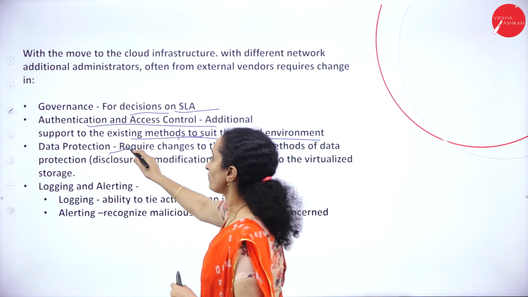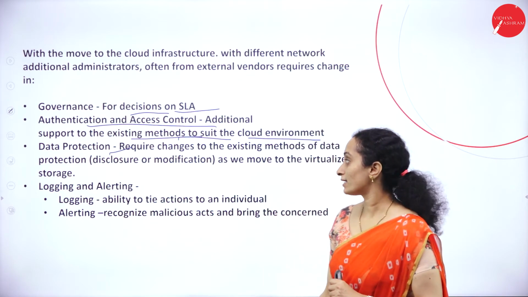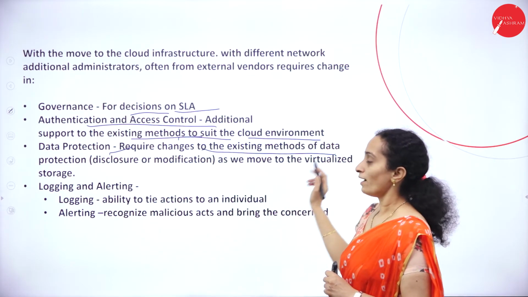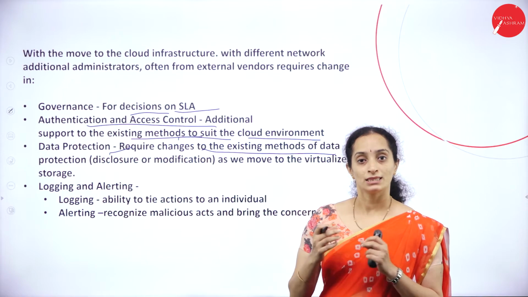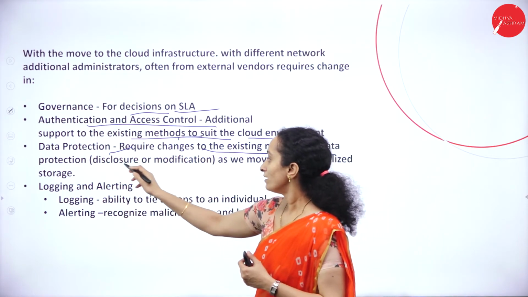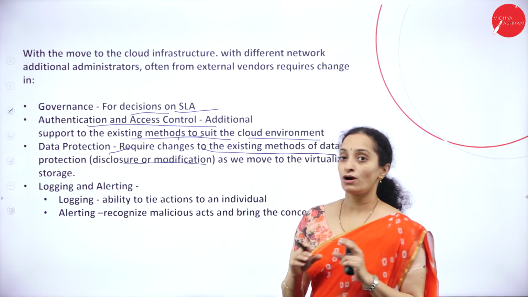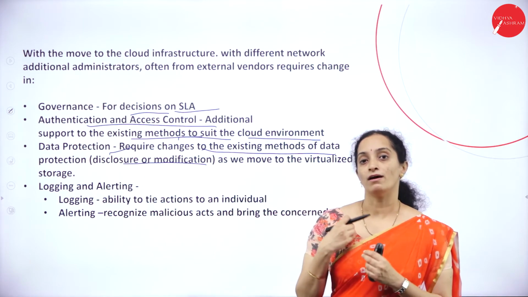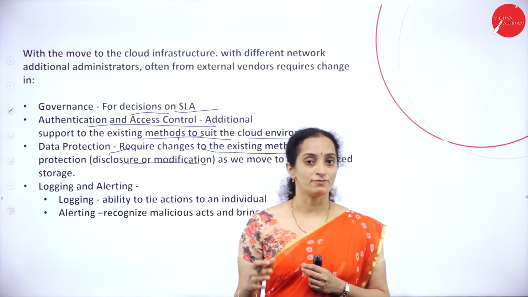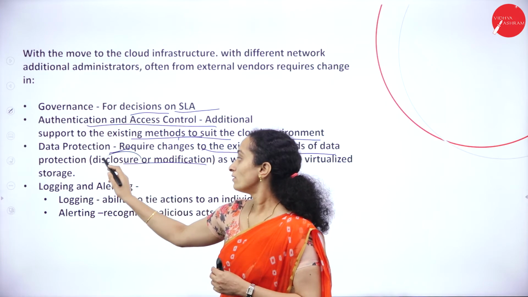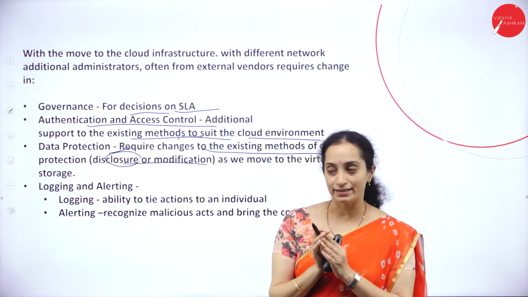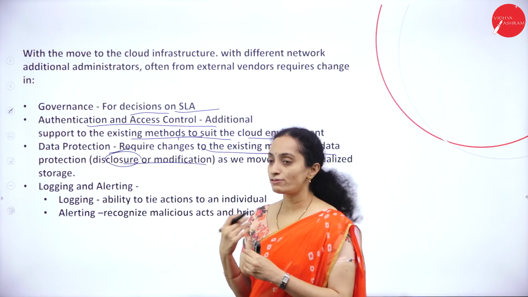Next is data protection. You need to provide data protection. You have to change the method of protection, like against disclosure or modification. When you are providing data over a network, either you have to close or hide the data, or you have to modify the data.